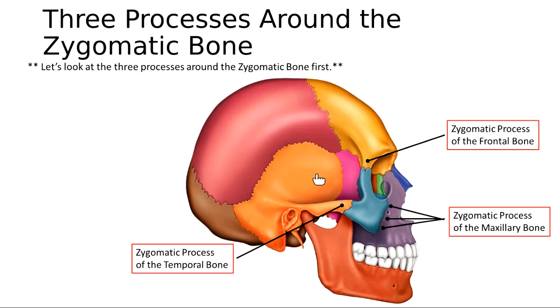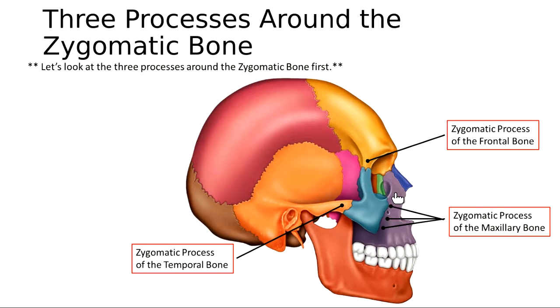Well, the temporal bone has one too. The temporal bone has a little arm that comes over here, and it's attaching to the zygomatic bone, so it's the zygomatic process of the temporal bone. The maxillary bone has a pretty wide process that attaches or joins to the zygomatic. It's called the zygomatic process of the maxillary bone.